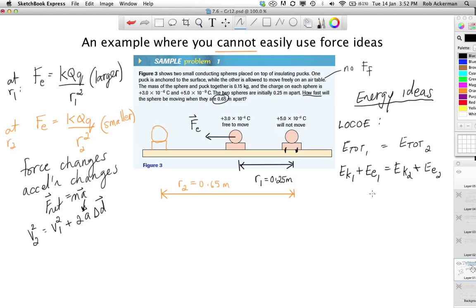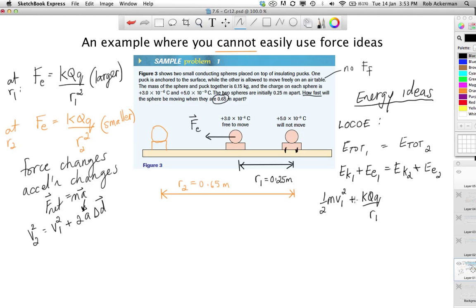All right. Now, we're going to assume that these are point charges, which means that we can use our newly learned formula for EE, the one from a couple lessons ago. And of course, kinetic energy you already know. So what do we write in here next? A half of mv1 squared plus, now do you remember the formula for EE? It's not negative, it's rather k, big Q, little q, over the initial position.